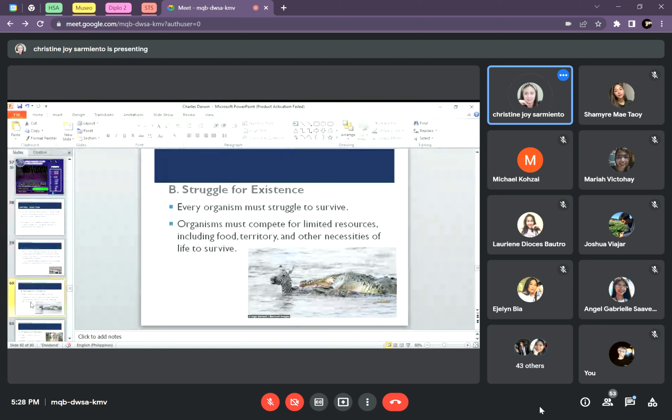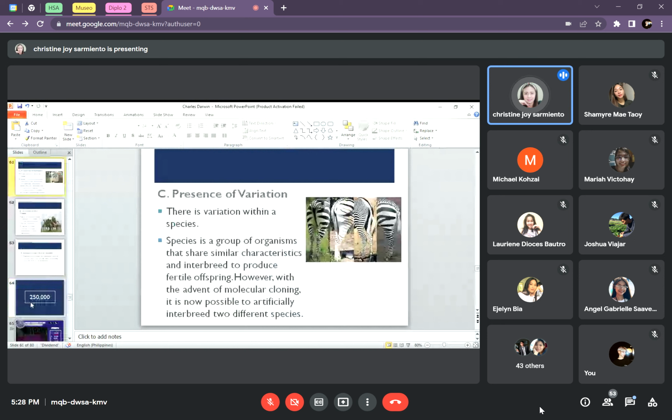Kaya, para mabuhay di ba? Para mag-survive po, kailangan magkaroon ng variation. Okay, presence of variation. So there's variation within a species. Okay, you belong to the same species of organism, pero po there is variation. Meaning there's variation in traits and characteristics. Halimbawa, pare-parehas kayo isang species na kumakain ng apple.